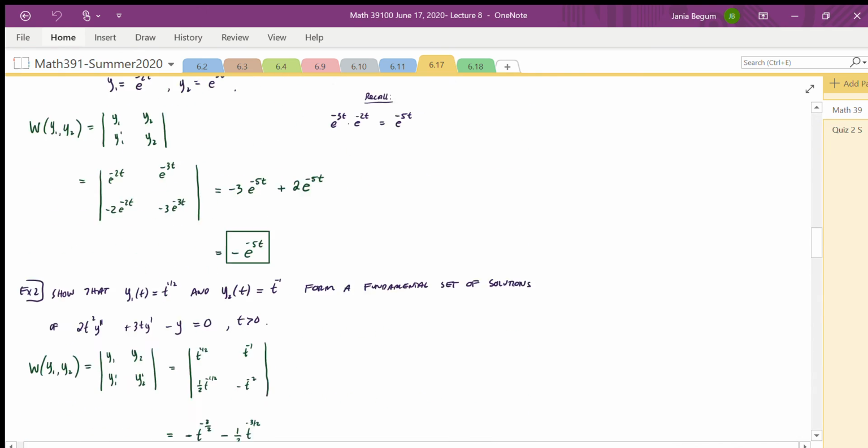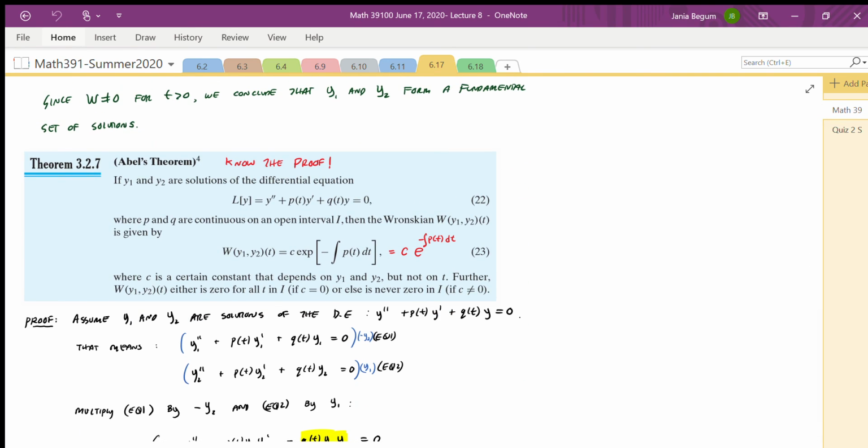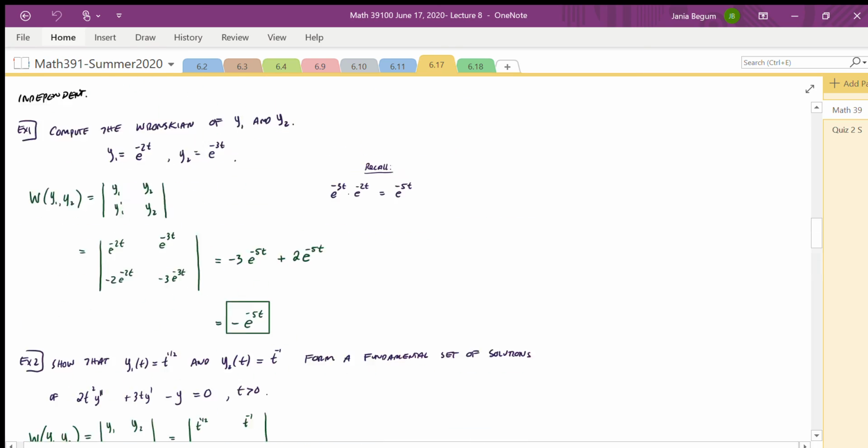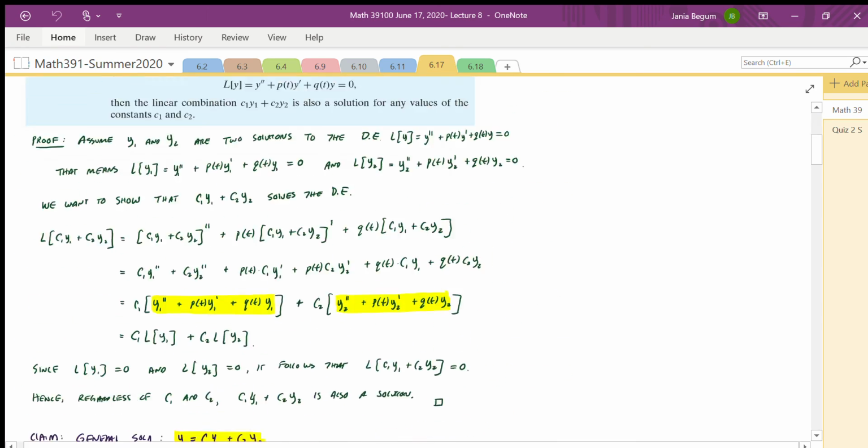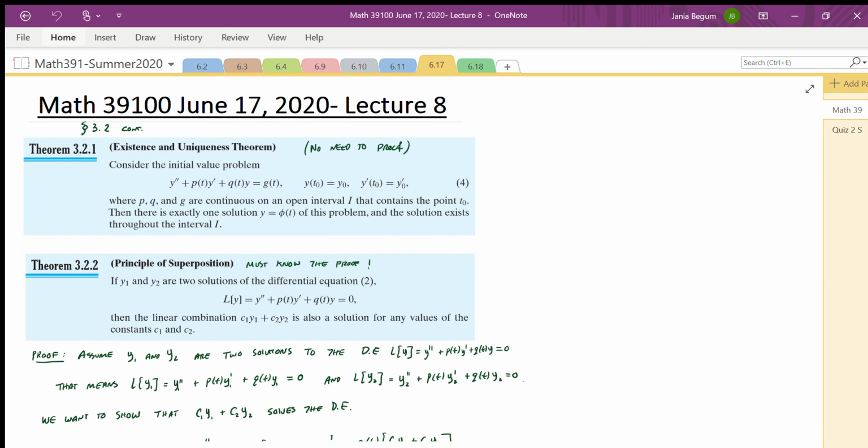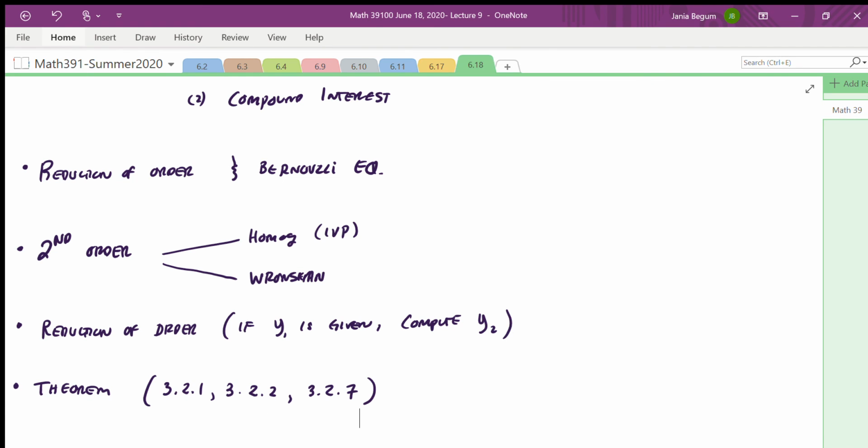You have all of it in my notes. So yeah, 3.2.7, know this theorem, and then 3.2.2, which is the superposition principle, and the existence and uniqueness theorem as well. So that's the outline for our exam.